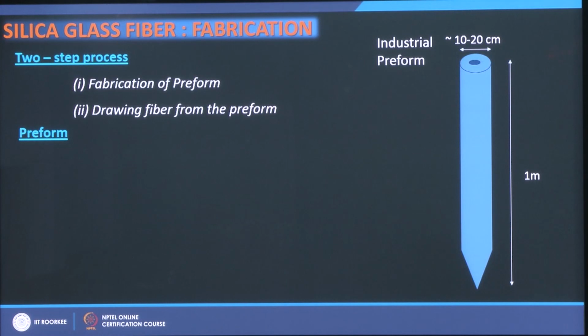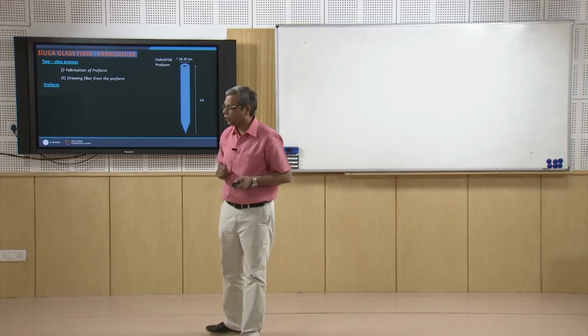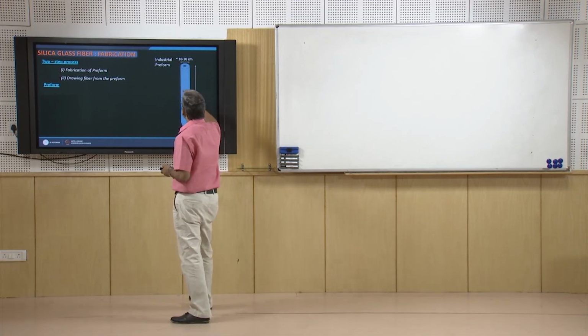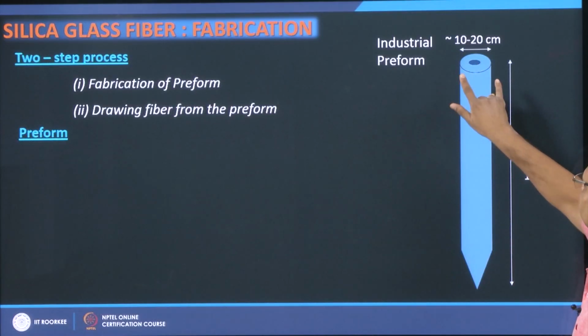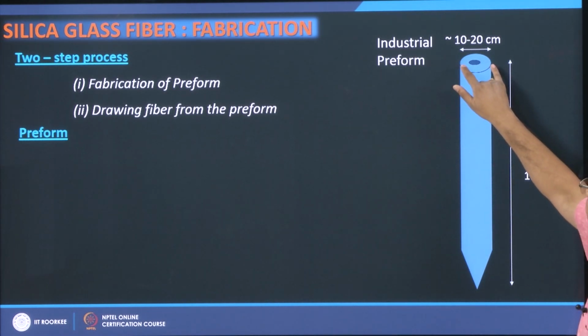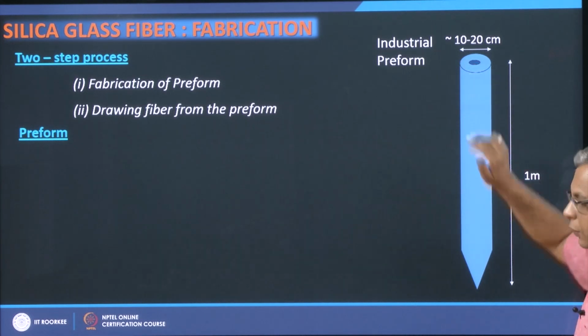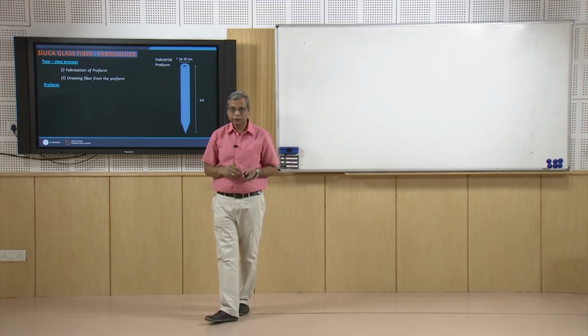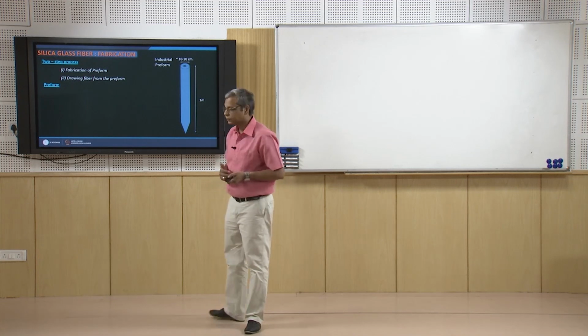So, first, what is preform? If you talk about optical fiber, the cladding is 125 micrometer across. So, if this is the core, this is the cladding, so it should be 125 micron. So, in this 125 micron cladding and 10 micron core, you will have to have refractive index variation.